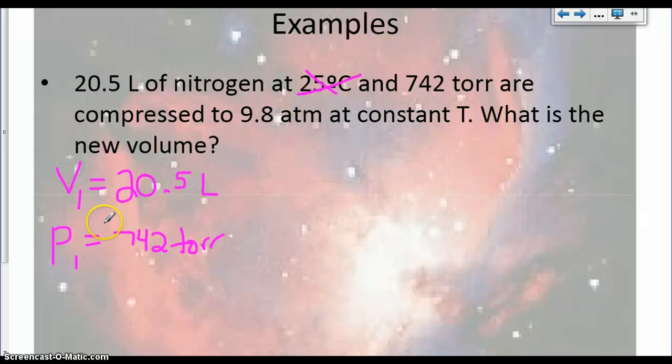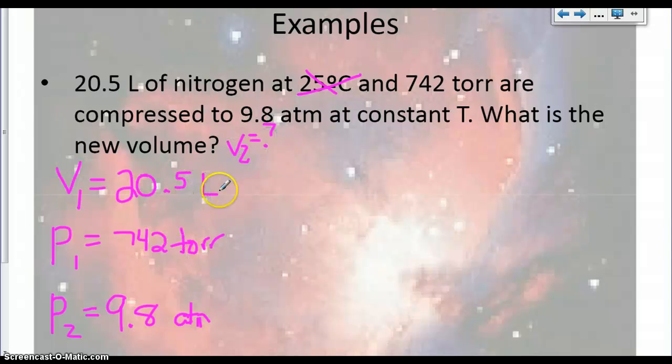Atmospheres are pressure, so this is going to be our second pressure. It wants to know what the new volume will be, so we are looking for our V2. This is what we're trying to find.